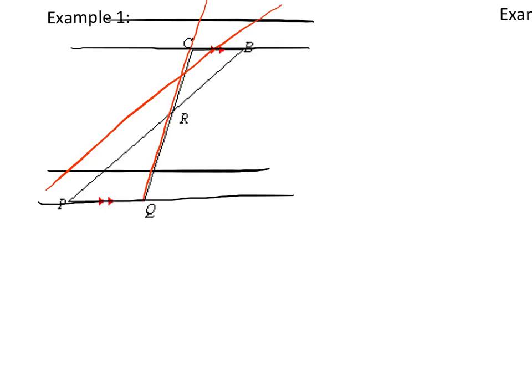That means that this angle here is going to be equal to this angle here. And this angle here, I'll put two arches to show that those are the same. And you can also say that these two angles are equal because they are vertical angles.